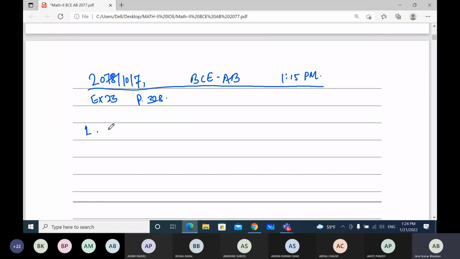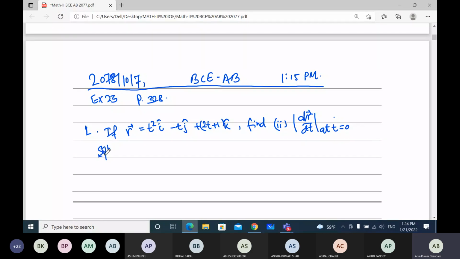If r is equal to t square i minus tj plus twice t plus 1 k, find, there are several parts. I'm doing the second one, dr by dt at t is equal to 0.